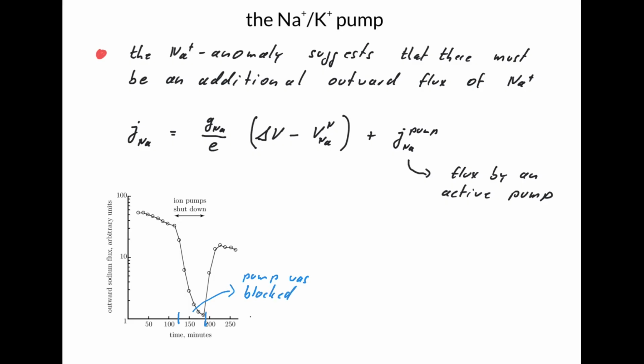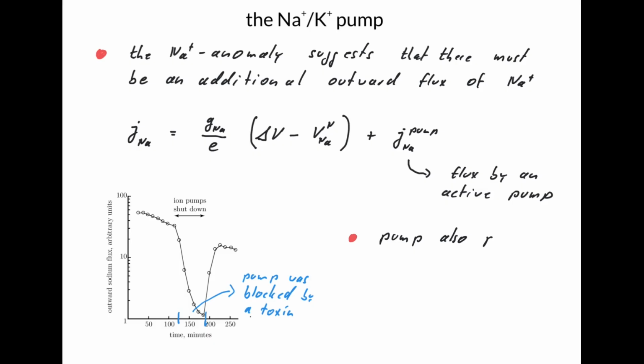And you see that the flux vanishes. If you wash out this blocker after 200 minutes, you see that the flux comes back again. So indeed, there seems to be a specific protein which pumps sodium out of the cell.